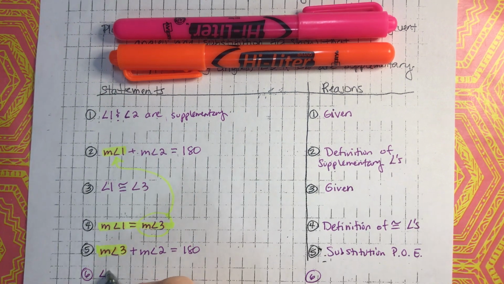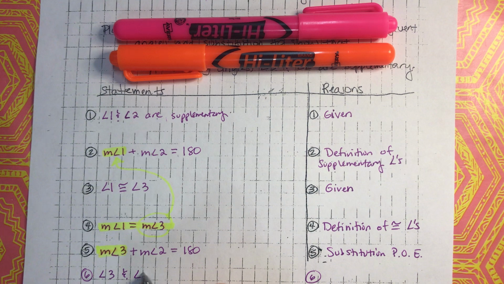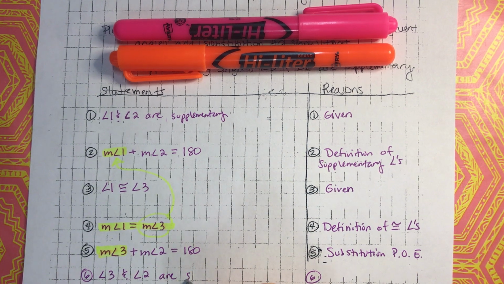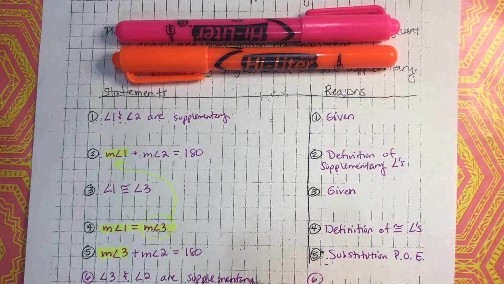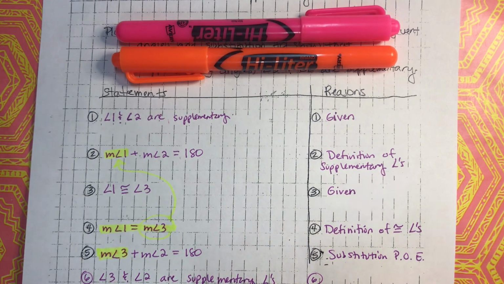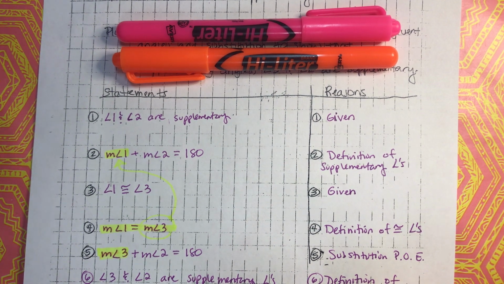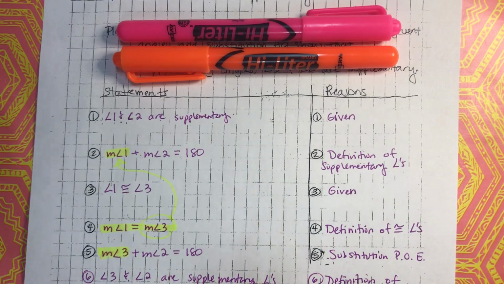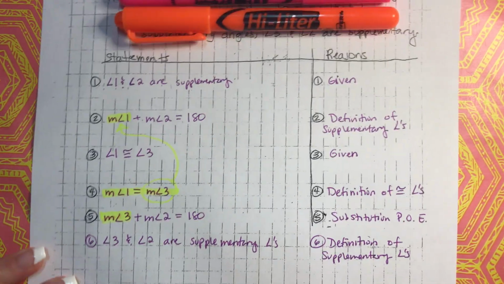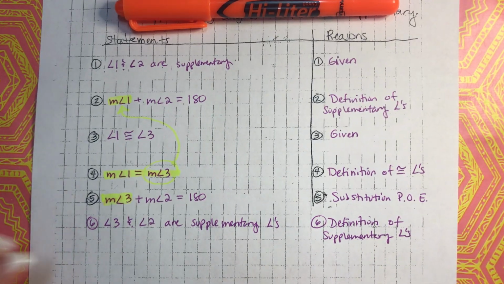We can say that angle 3 and angle 2 are supplementary angles by the definition of supplementary angles. And there we have it. We proved it. Do you see?